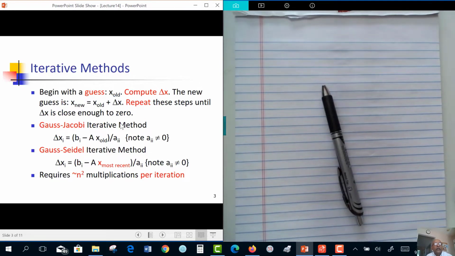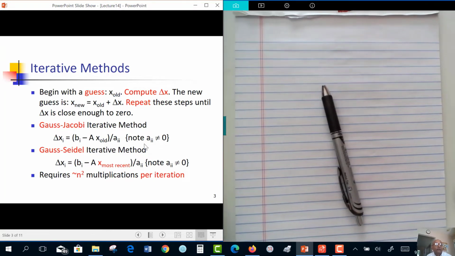In the Gauss-Jacobi iterative method, we calculate the delta x for any element, that means for any single unknown, by taking the corresponding b element, subtracting the corresponding row of A times the old vector, and this difference we divide by the diagonal element.